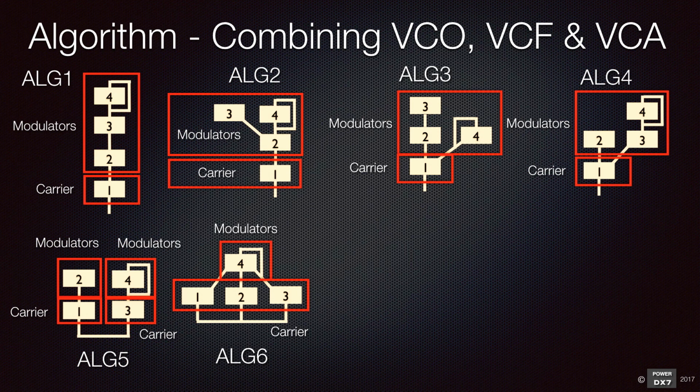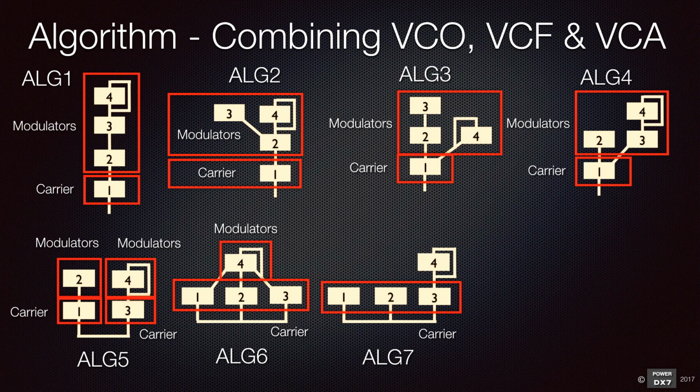acting like VCF. Algorithm 7 has 2 carrier-only operators, 1 and 2, and unlike VCA, they generate their own sine waves or other waveforms. They are used as additive synthesis.